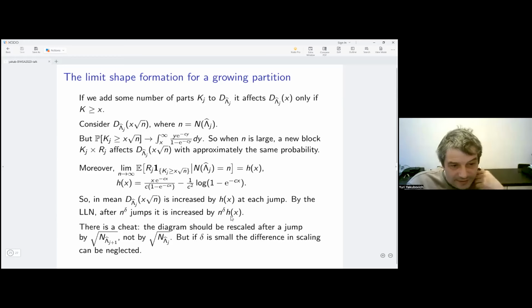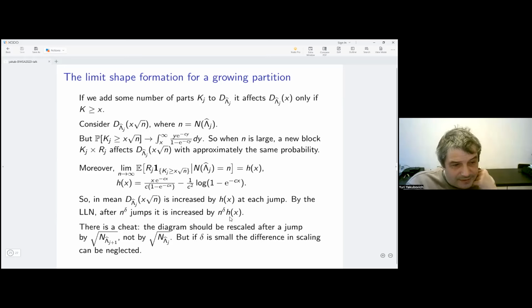It can be justified just by the law of large numbers that it will be close to this deterministic number.